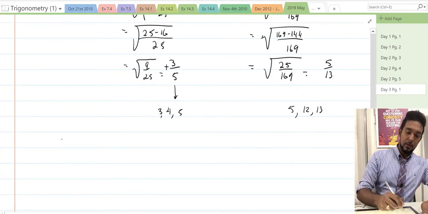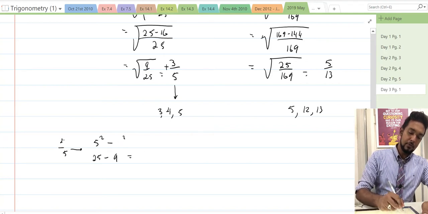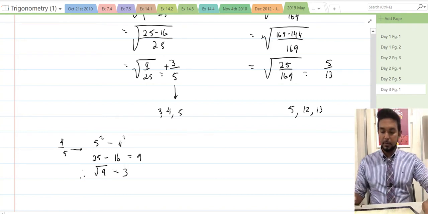For example, if we took the 3/5, we could square the denominator, square the numerator, and subtract. That'll give us 25 minus 9, which is, sorry, it's supposed to be 4. It was 4/5. 4 squared gives us 16, which will then give us 9. So therefore, you find the square root of 9 to get 3.